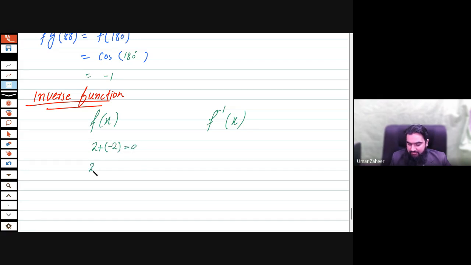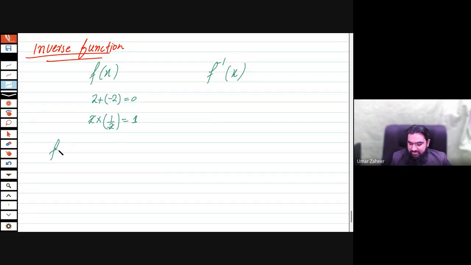In the same way, you have 2 multiplied by its inverse in multiplication, which is 1 by 2, because the 2 will cancel out and you get 1. In the same way, when we take the inverse, you take the composition of f with its inverse. F and its inverse cancel out, and you get only x.